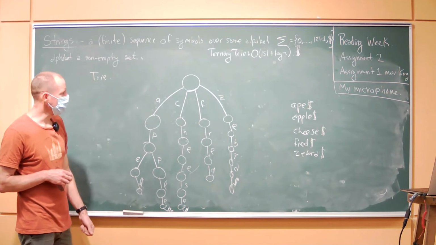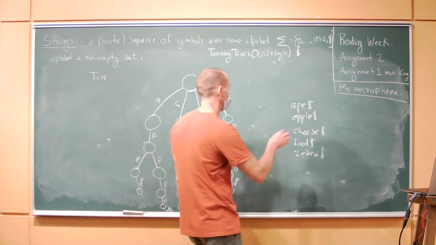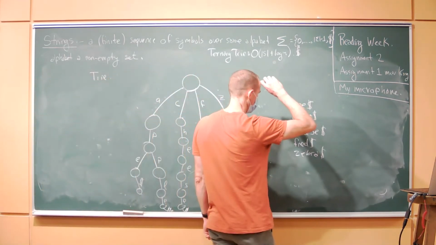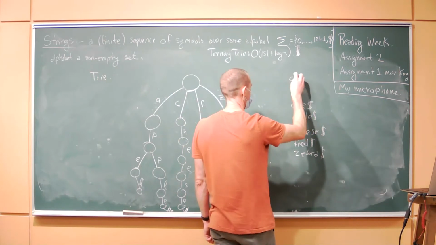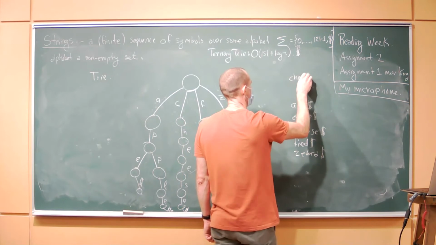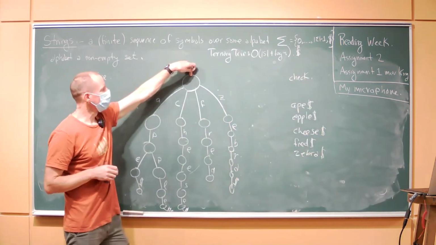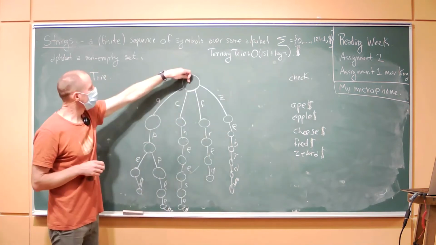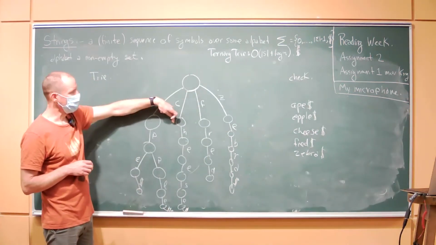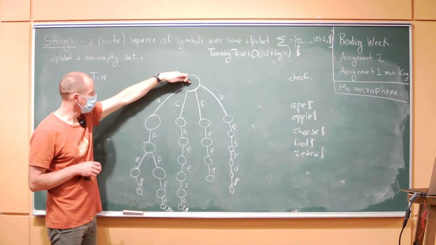You have the string that you're looking for. Maybe the string you're looking for is, I don't know, something like check. You start at the root, look at the first character. There is an edge coming out of here labeled by that first character.